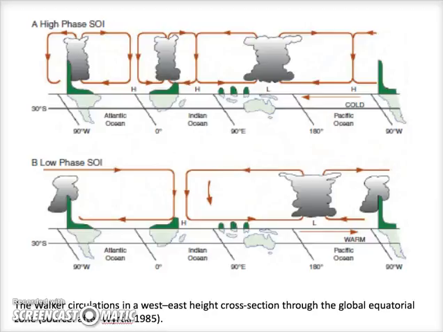These cells are known as Walker circulations, named after Sir Gilbert Walker, who first identified the Southern Oscillation. They play a major role in tropical weather regimes. Data on the sea surface temperature gradient across the equatorial Pacific Ocean indicate the Walker circulation and the Hadley cell in the Pacific.